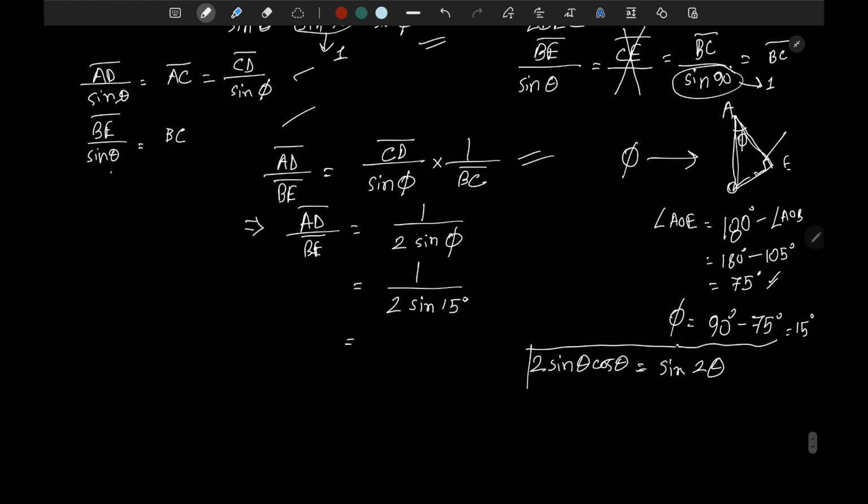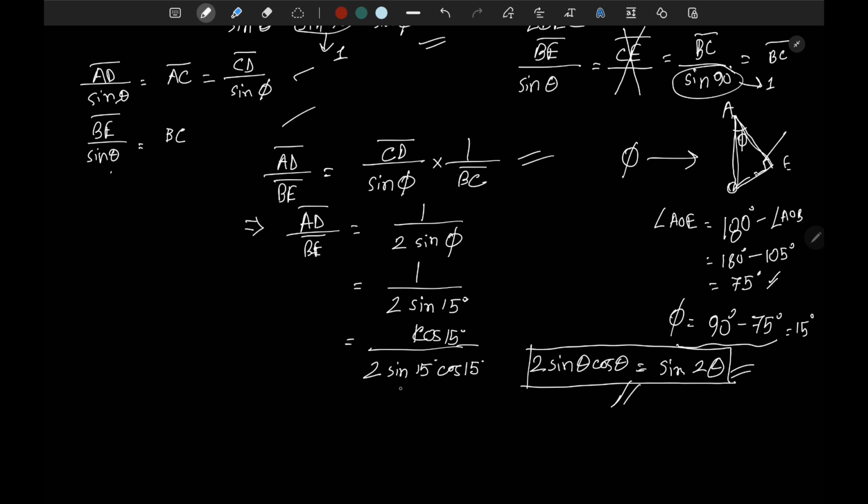Okay. So what we will do here, we will just multiply both the numerator and denominator by cos 15. What is the logic? The logic is that first, we don't have it in 1 by form in the options, so we need to do something in the numerator.